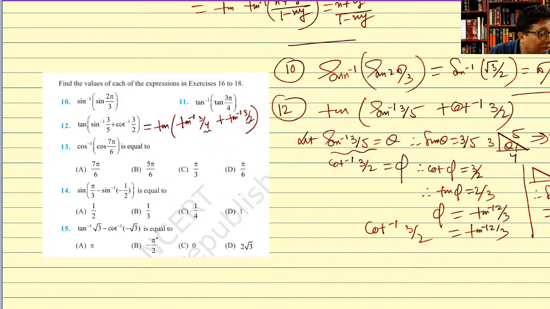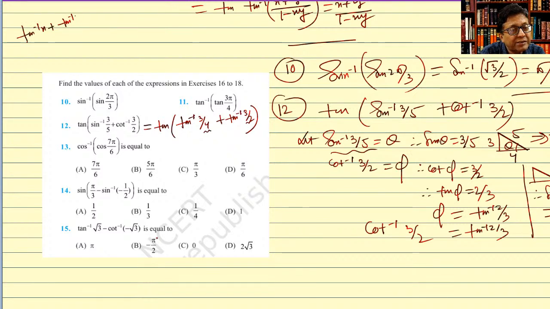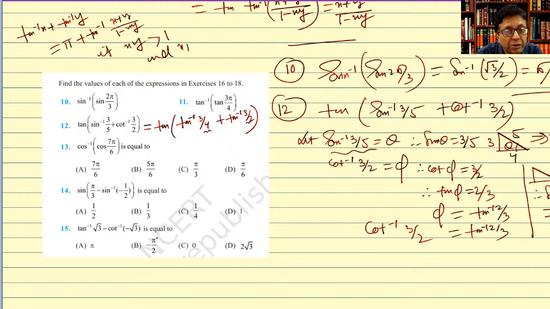The formula is not available; I have not told you the formula. If xy is greater than 1, just remember this. I'll give you the proof afterward. Tan inverse x plus tan inverse y equal to pi plus tan inverse of (x plus y) by 1 minus xy, if x into y is greater than 1 and both x and y are positive.